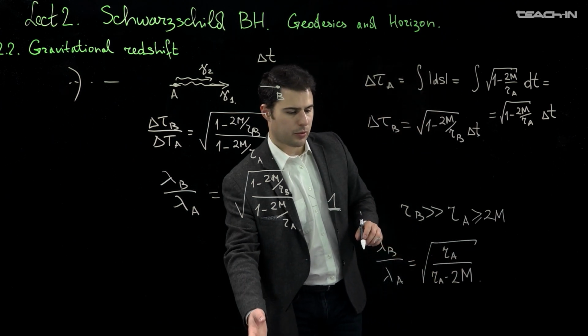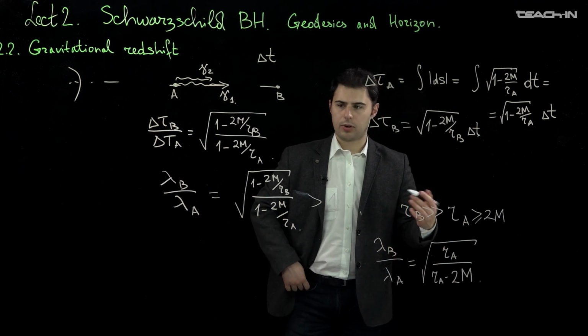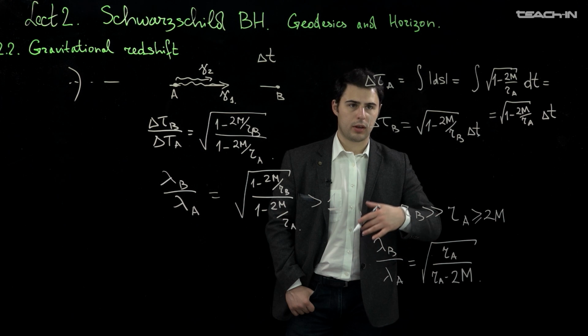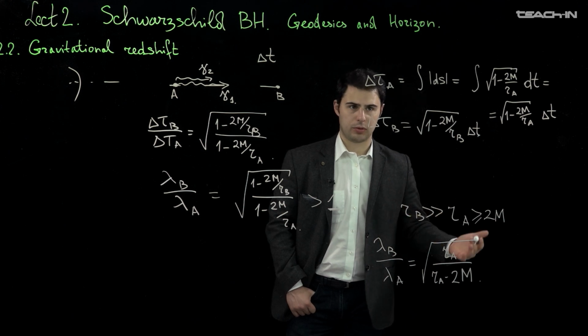So as we see, for the black hole, if r_A is located at the horizon, the wave is infinitely redshifted.